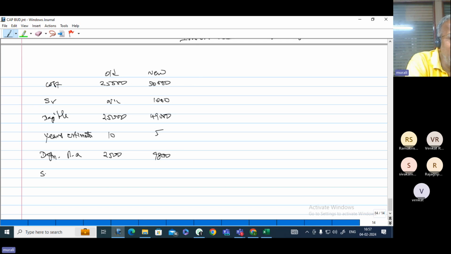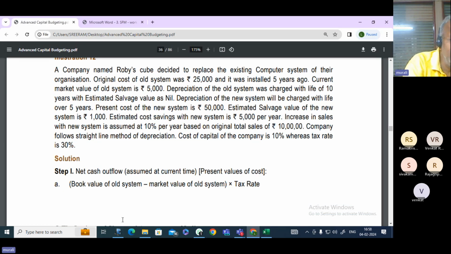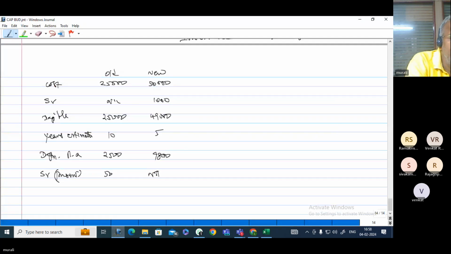And salvage value, present. Present salvage value for the old one is 5,000. Okay. And cost, when it is X, it is going to be X minus 5,000.